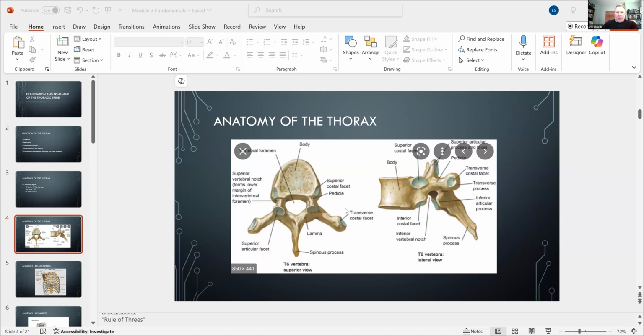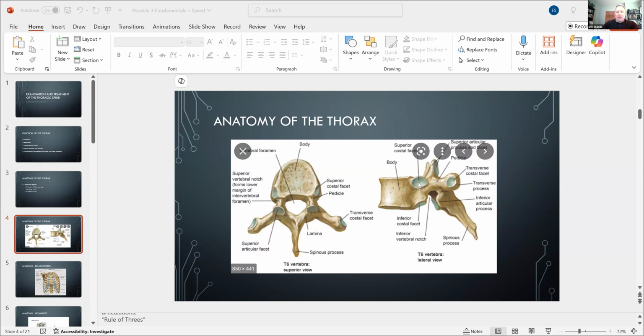Okay. I want to mention here with this stuff, the costal facets. Okay, so the vertebral body costal facets here. These are demifacets, meaning there's a half of this on the inferior half of the upper vertebra, and then also a portion of it at the superior half of the inferior vertebra.